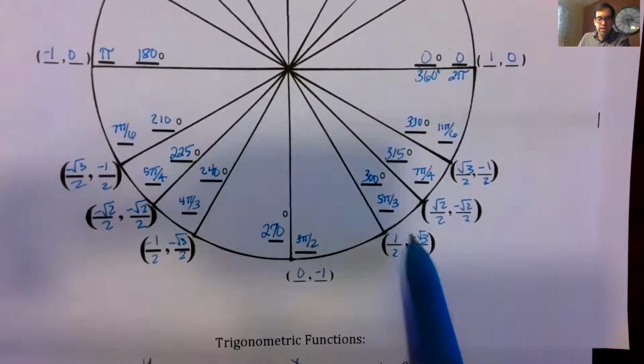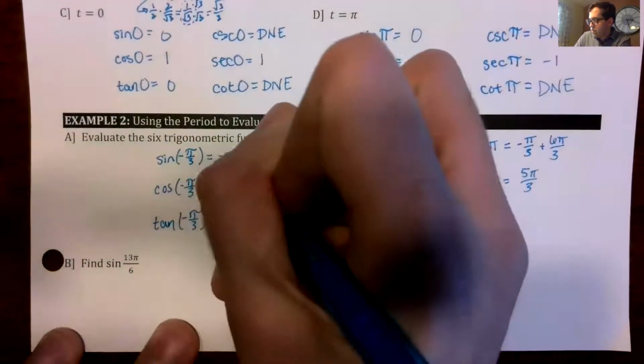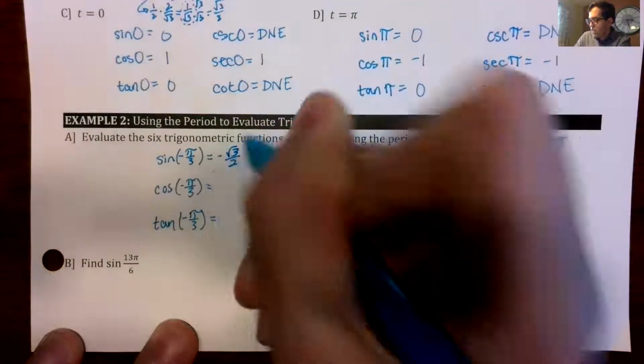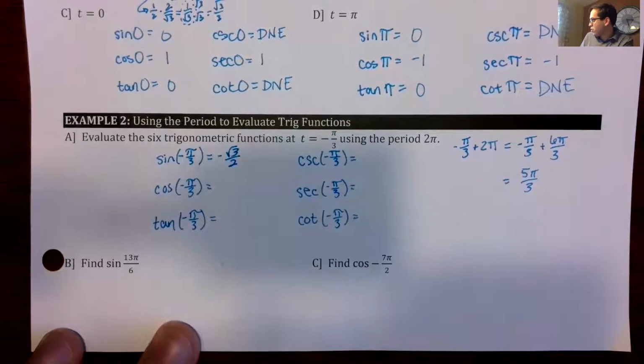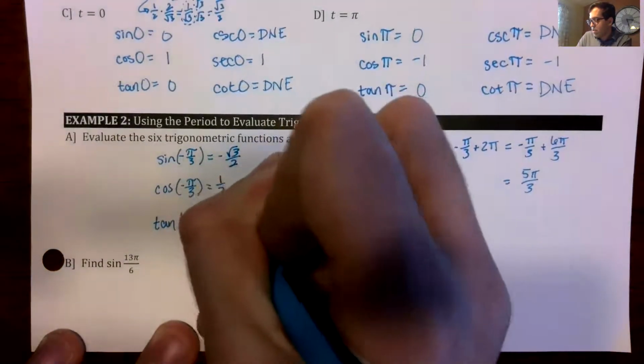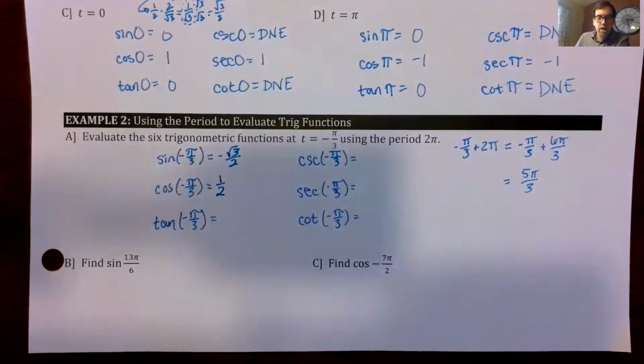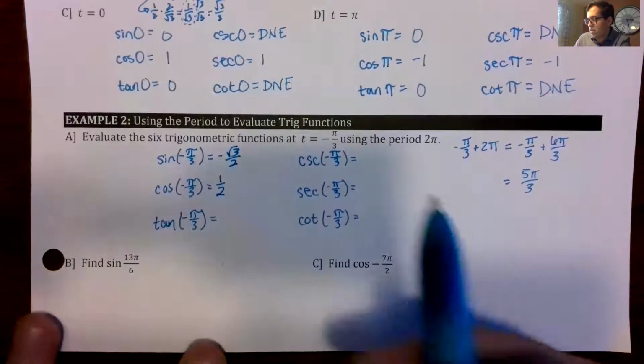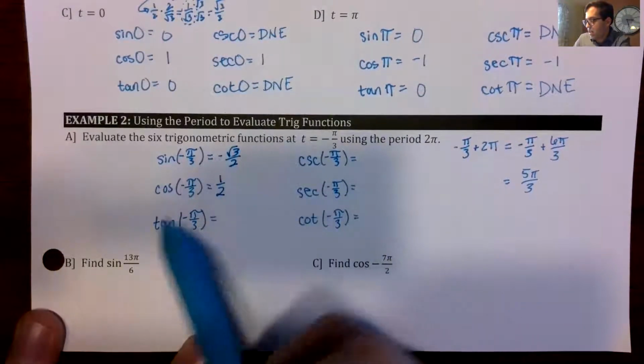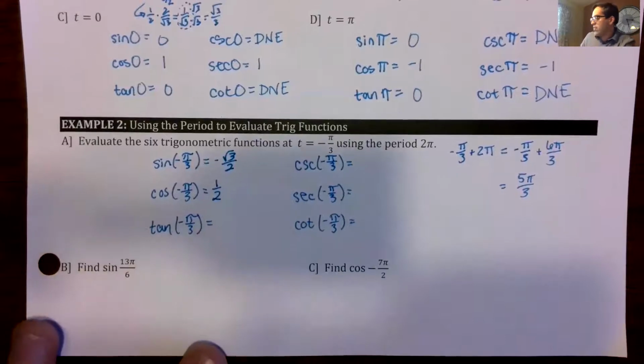So the sine is going to be the y value, which is negative root 3 over 2. The cosine is going to be the x value, which was 1/2. Tangent is y over x. Now I'm going to let you in on a little secret. To do y over x, think about our unit circle.